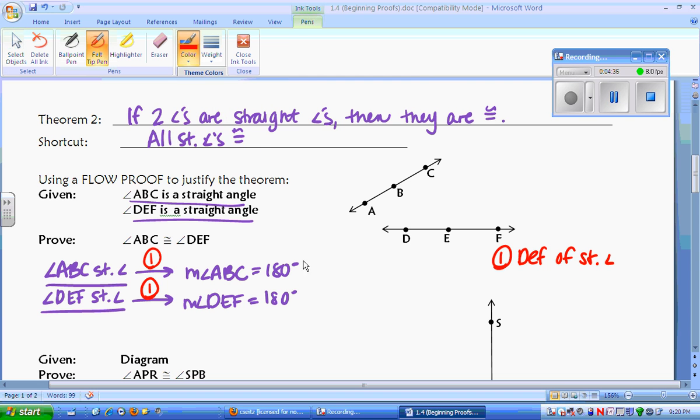Okay, exactly how I did the proof before. I can now use substitution by saying the measure of ABC is equal to the measure of DEF. Okay, that reason will be substitution.